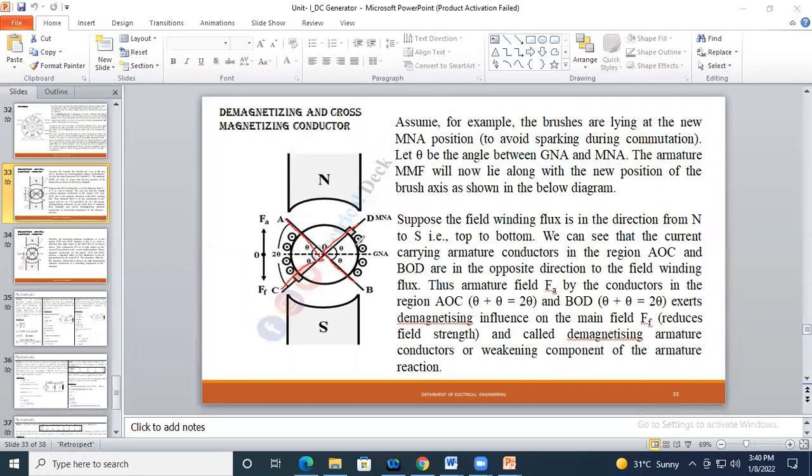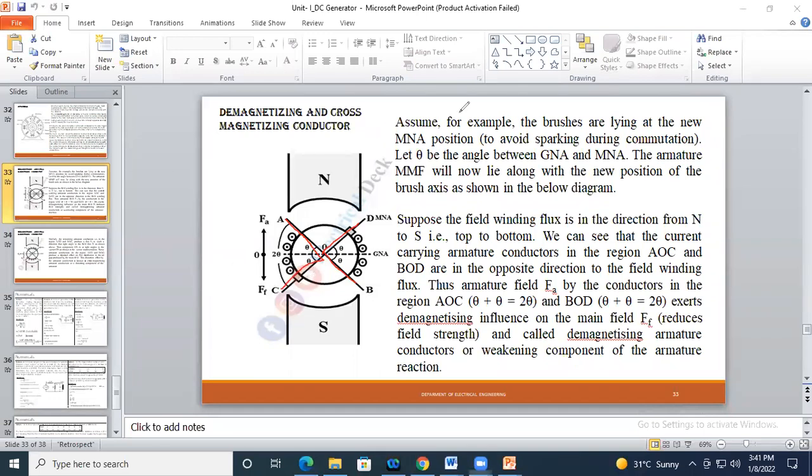The conductors in these angles will produce the effect of demagnetizing. That means the conductors lying under 2 theta mechanical degrees on either side, that means on both sides, will produce the effect of demagnetizing.